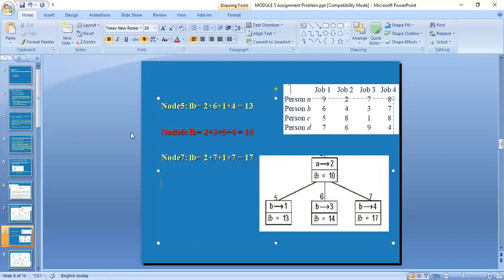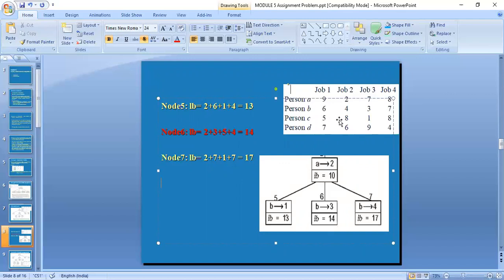You can see that you have to assign the same person A with the same job, which is 2. So the value will be 2. Person B with job 3. What is job 3? The value is 3.